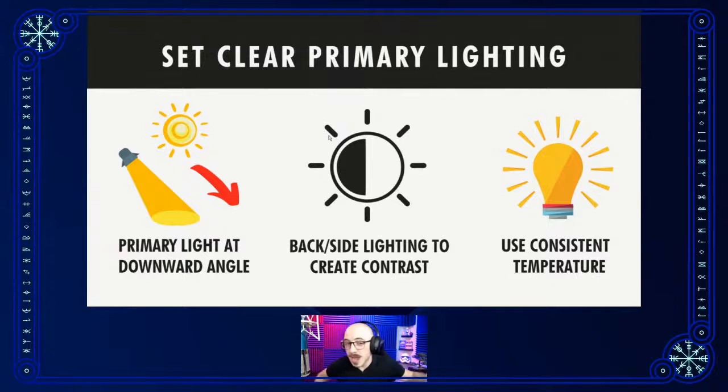I know there's always room to optimize, but these are the three key pieces to keep in mind for primary lighting. The number one thing is making it a natural angle. We see this with stage lights, with studio lights. You always see them hanging from above and downward to the subject.